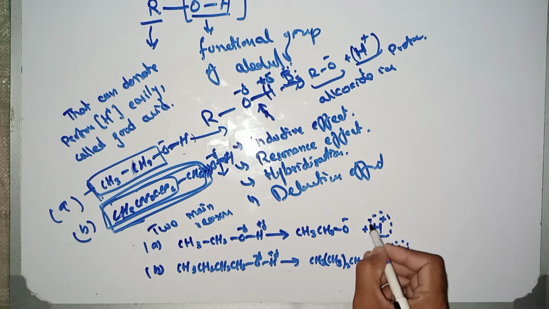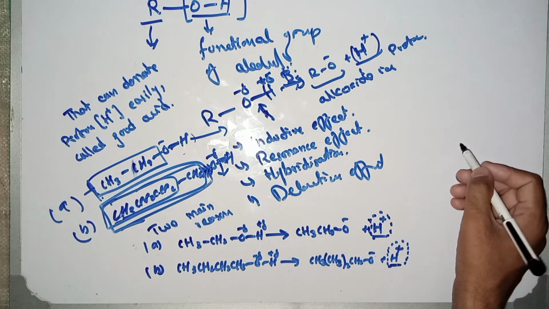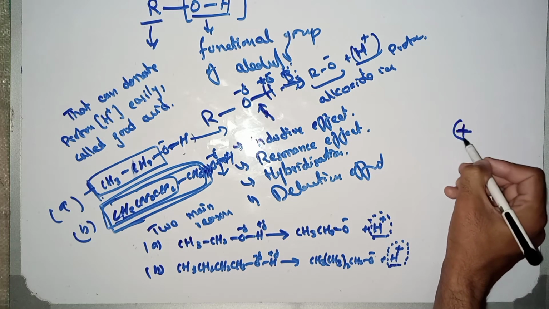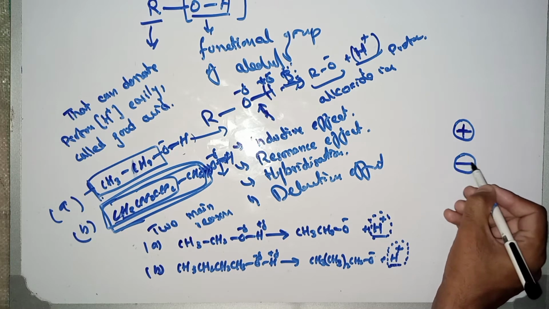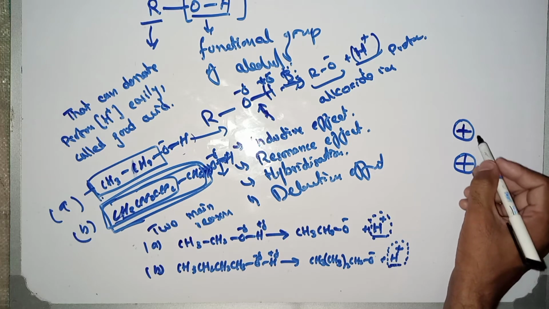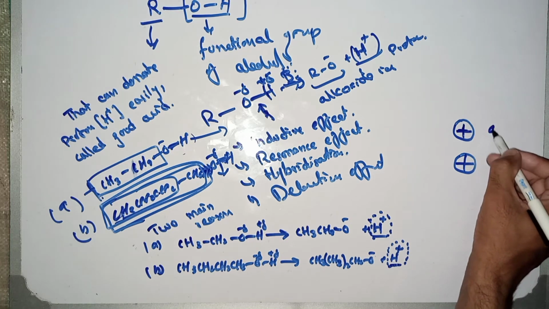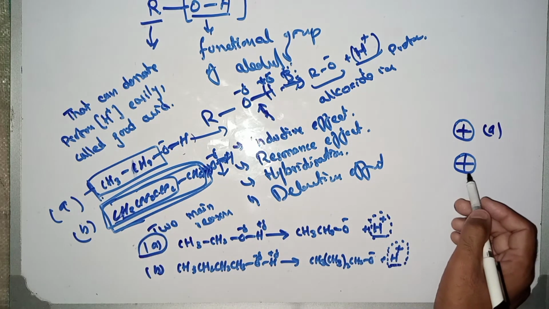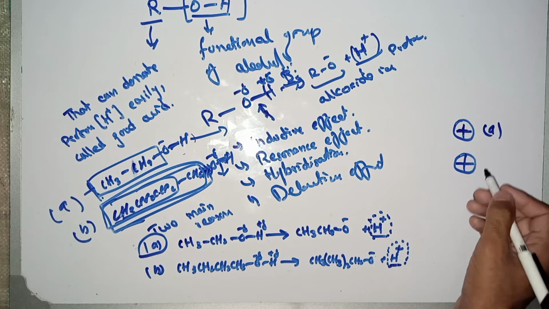So let's suppose this is the size of the proton. In both cases this is the size of the proton generated from the A compound, and both have the same size, same shape and same charge.